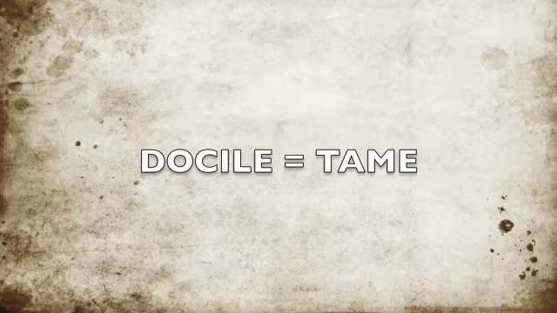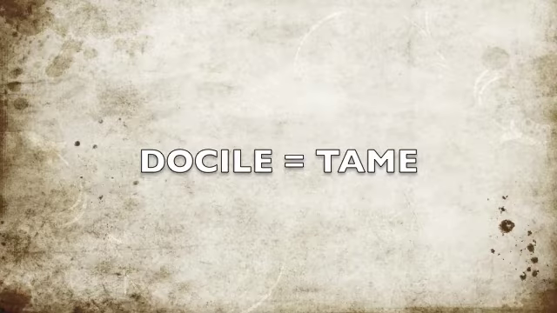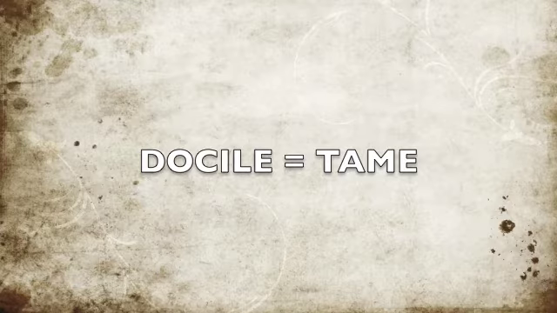This next word that we're going to talk about is docile. Maybe some of you have heard this, maybe some haven't, but when we refer to an animal as docile, we mean that animal is very tame. As a producer, docile animals are both good and bad.